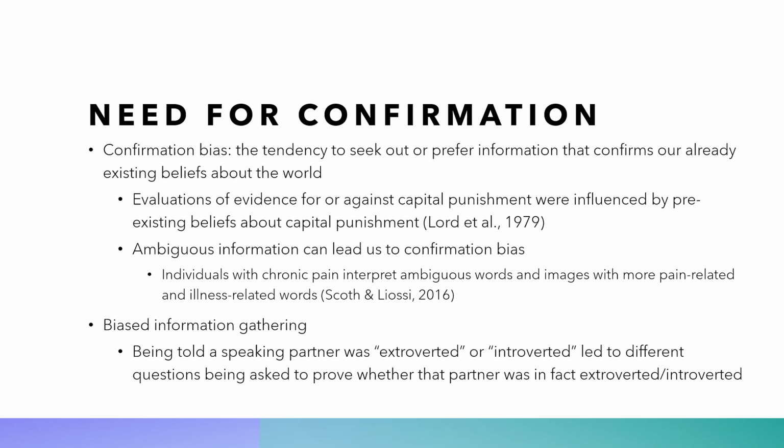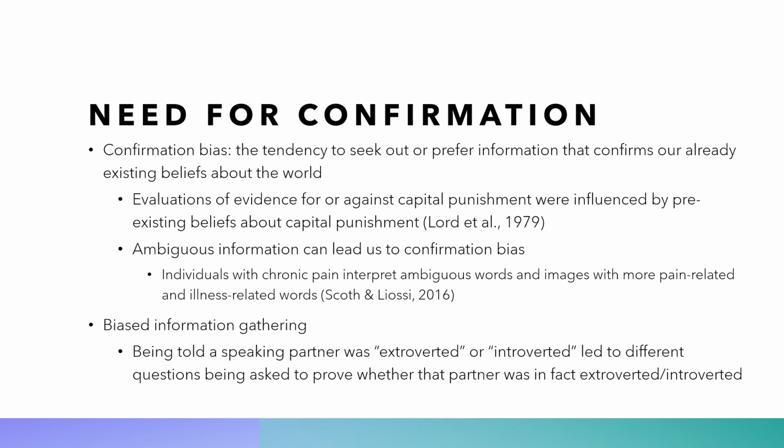So what we find is that individuals with chronic pain tend to interpret ambiguous words and images with more pain-related and illness-related words. So when we're presented with something that we can't immediately categorize into something we understand, we're more likely to fall back on things that make sense for us and to see that out in the world.